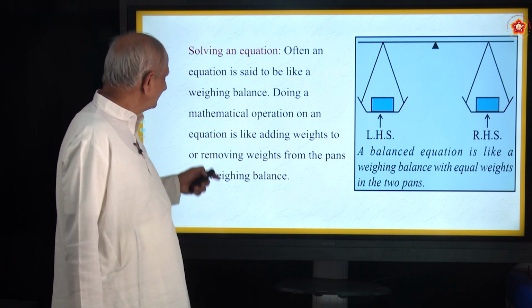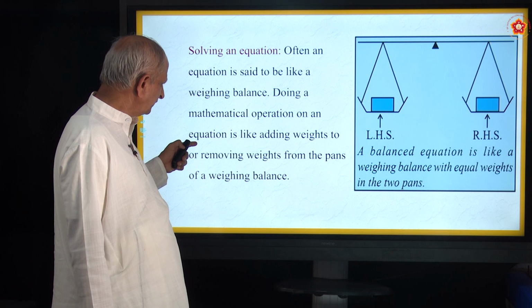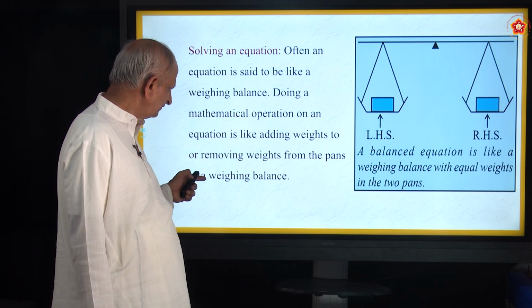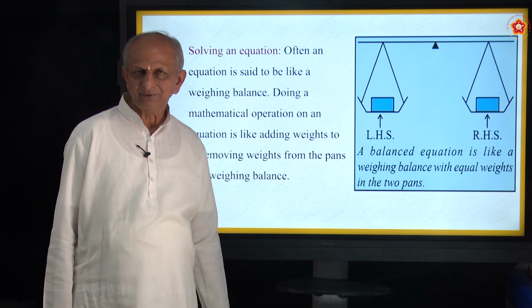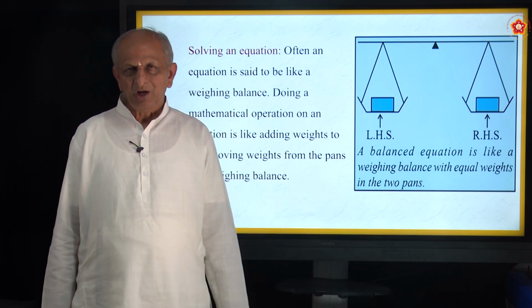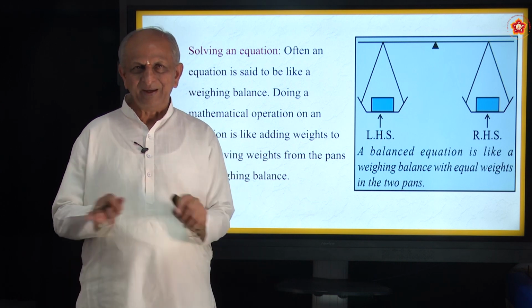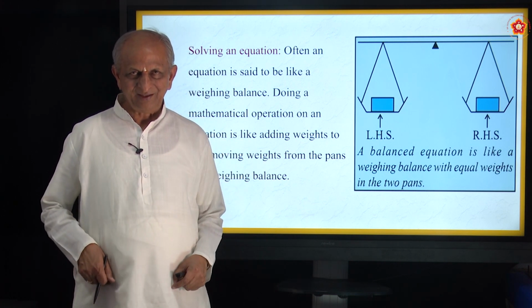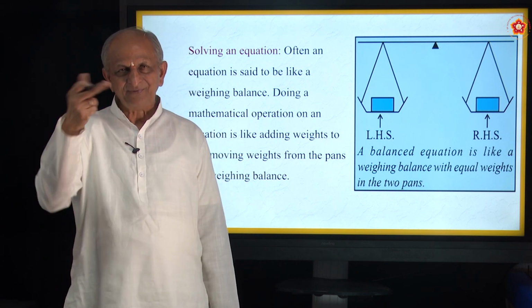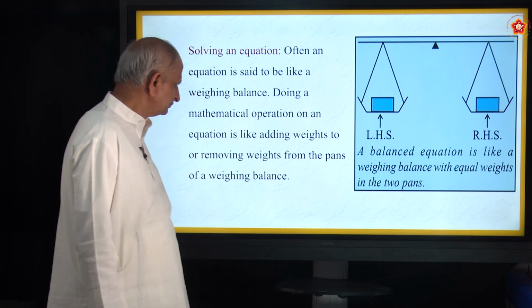So like a weighing balance, doing a mathematical operation on an equation is like adding weights to or removing weights from the pans of a weighing balance. Suppose there is 2 kg here, 1 kg that side. How to balance? Put 1 more kg there, then it balances, isn't it? Or you can remove 1 kg from here. So adding or subtracting the weights so that it becomes equal.